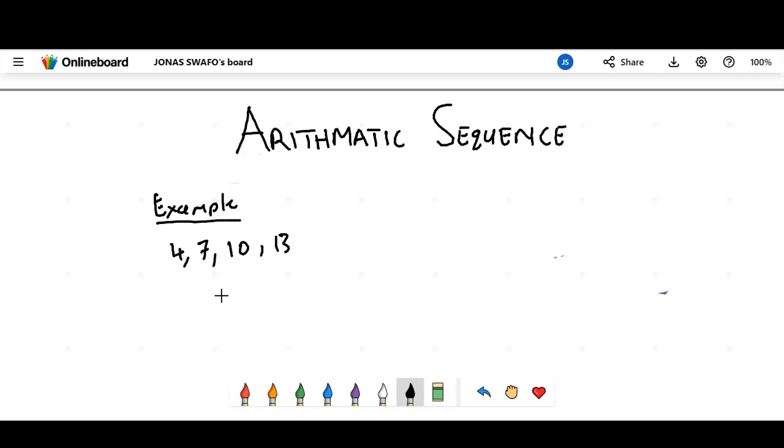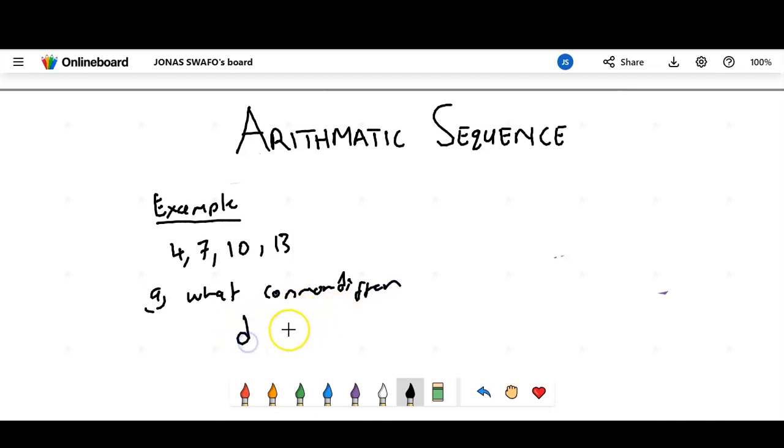One of the very first questions they might ask you is something like, what is the common difference, right? Or they can just say what is the difference.